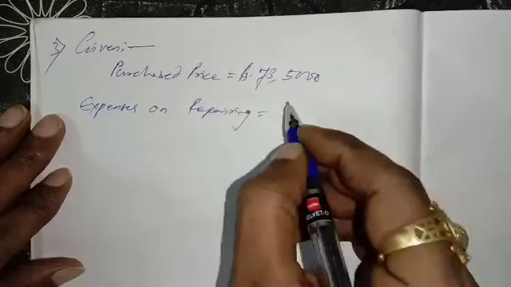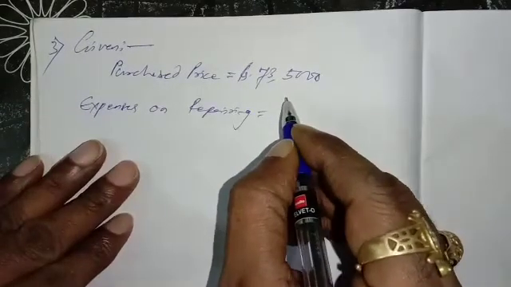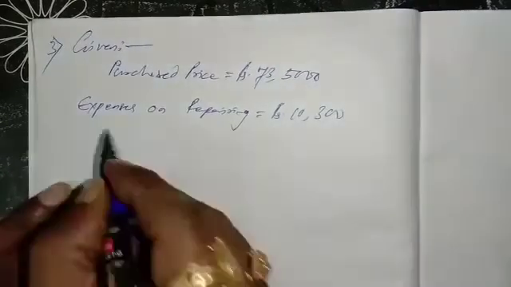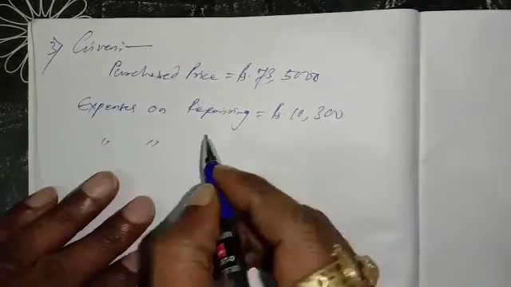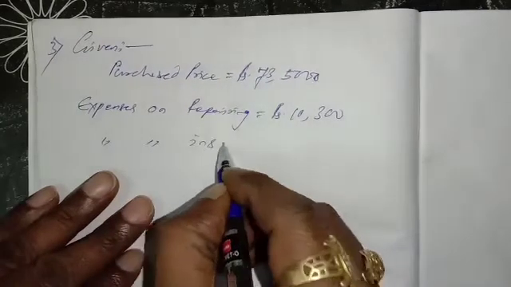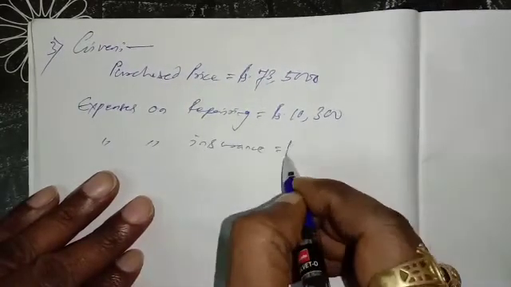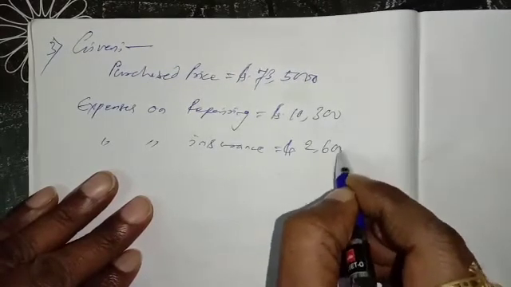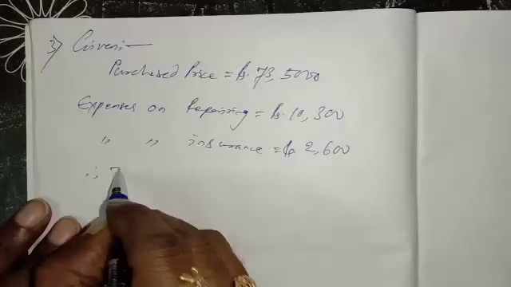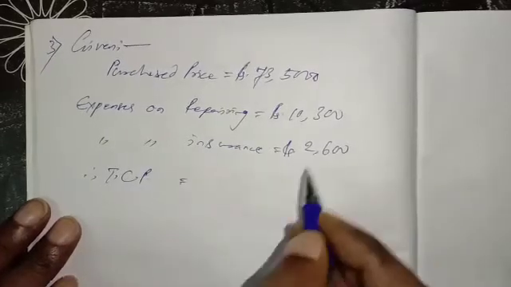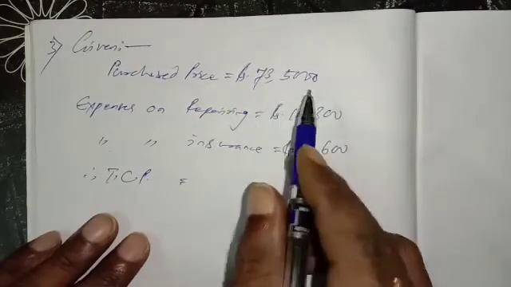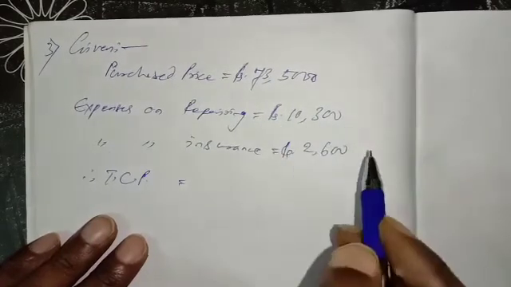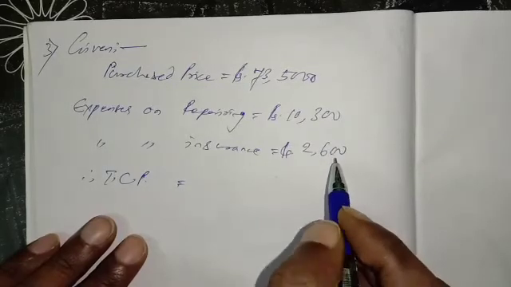Expense on repairing equal to how much? That is 10,300. Expense on insurance, that is rupees 2,600. Therefore, total cost price will be how much? Total cost price, you have to add all these things. 73,500 plus 10,000 means 83,800. 83,800 plus 2,600. It will be how much?